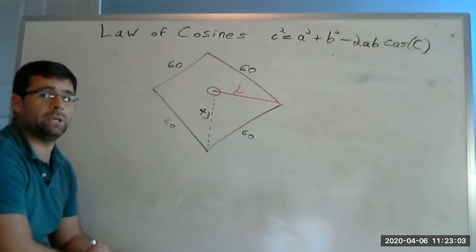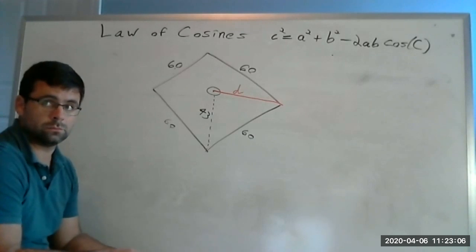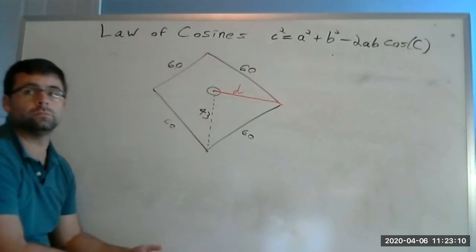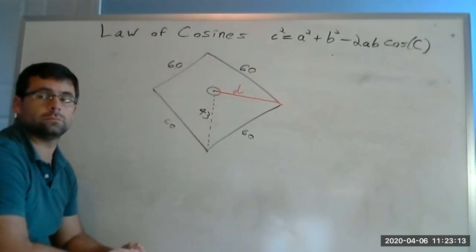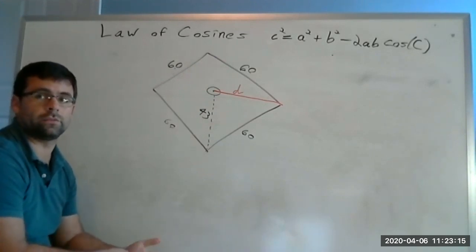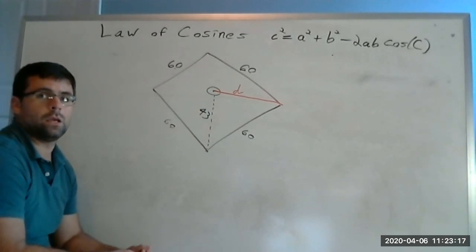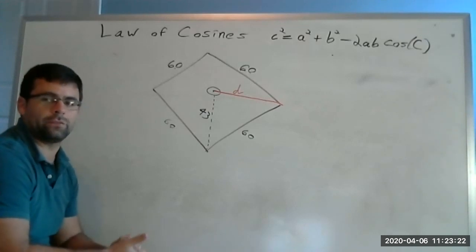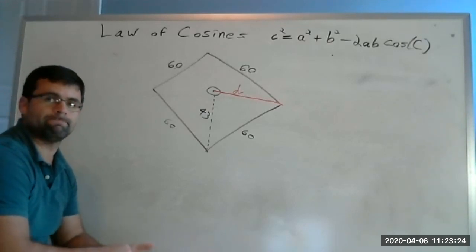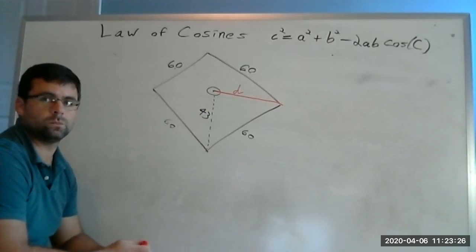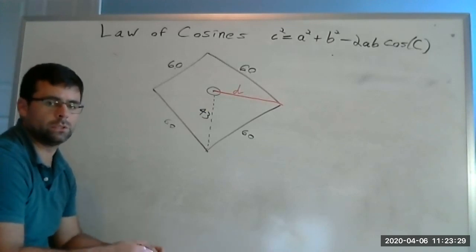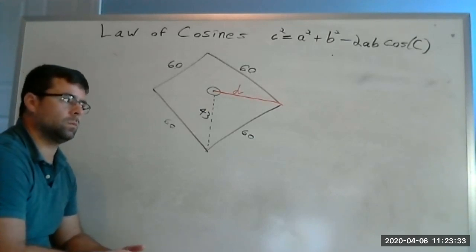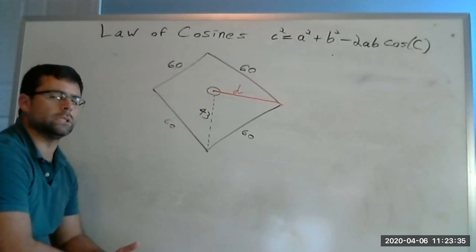So it's obviously going to be a side. So we'll use this version of it, and not the solving for an angle version of it. But we don't quite have all of the information written down yet. We do have all of the information, but we don't have it written.